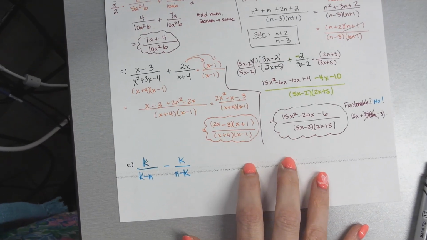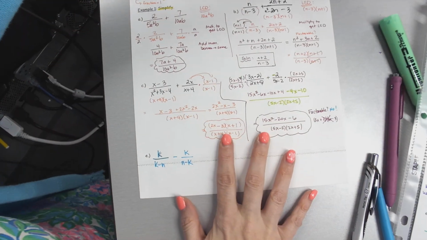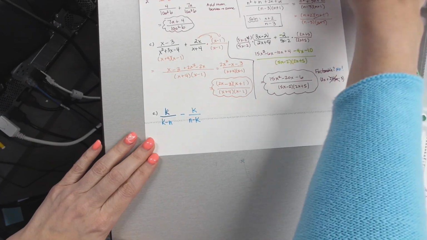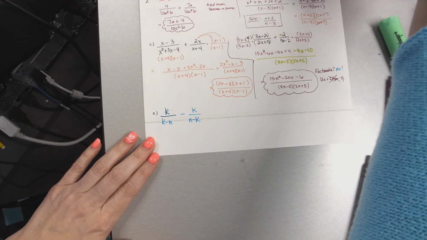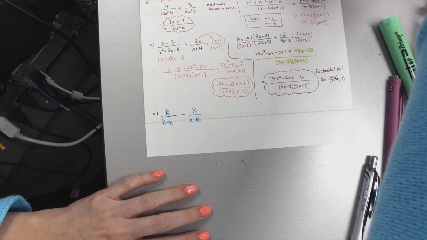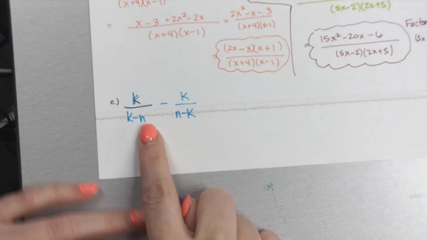And this one is a little bit tricky. Okay, and you can't just subtract those k's. Before you can add or subtract, you need to make sure that you have a common denominator.